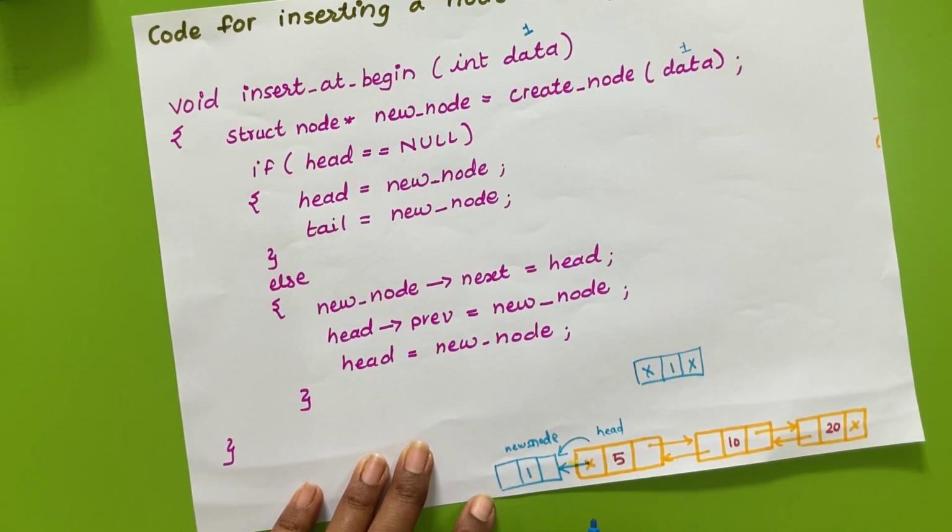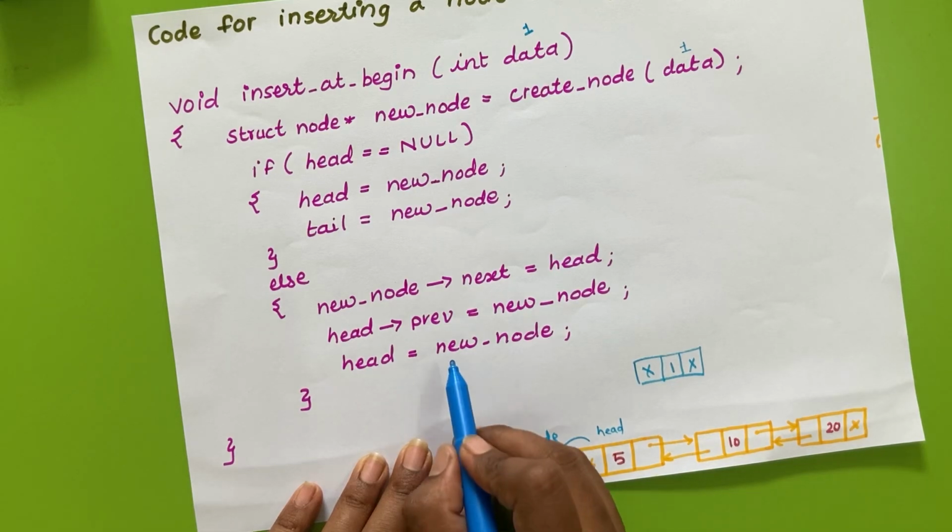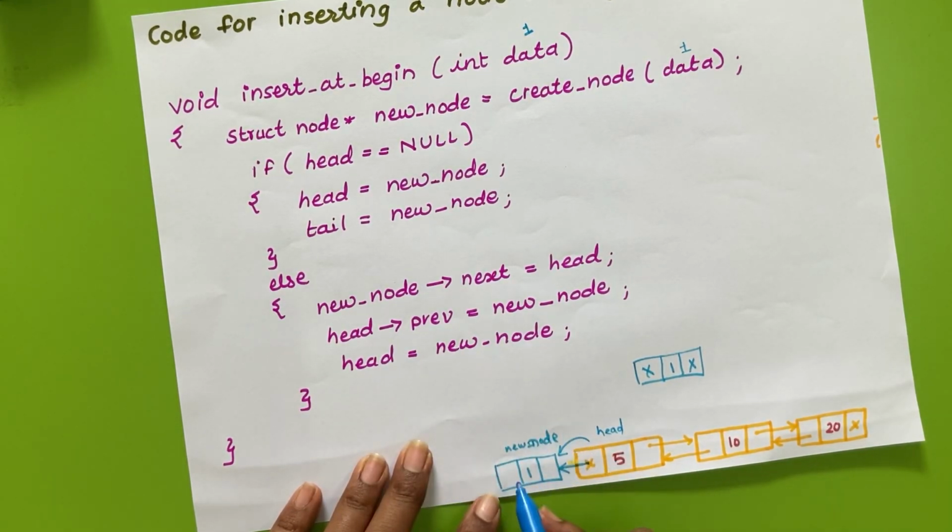Now, instead of this node, the new node will act as the head node. So we have to assign the head position to the new node. That's why the new node will get copied into head, and from here onwards the new node will act as the head node.